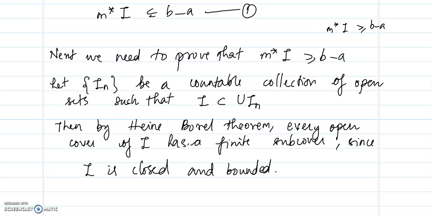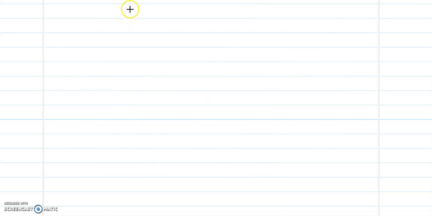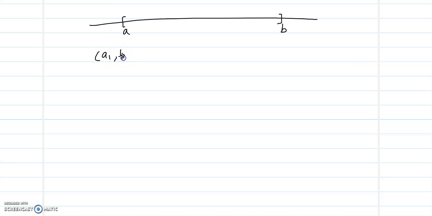Now we have taken a countable collection of open sets, open intervals In. From that we can find a finite subcover. So there will be a finite subcover, which will be some open intervals.